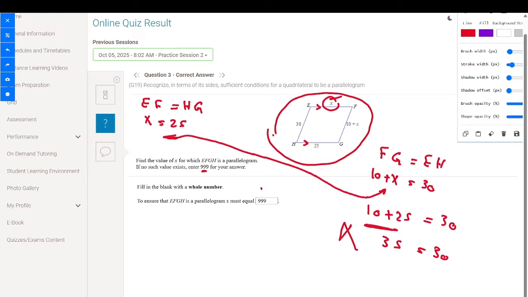So the answer here would be 999, because x in EF is 25. When I substitute x with 25, FG will be equal to 35, so EH must be 35. Here it is 30. So this is 999, there is no value.